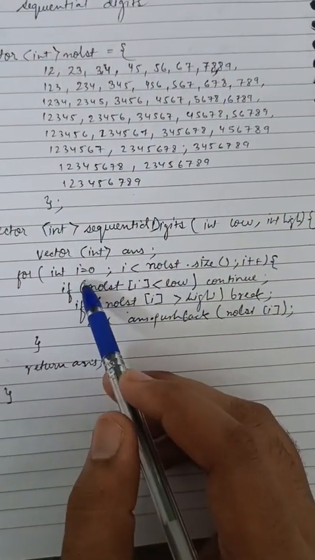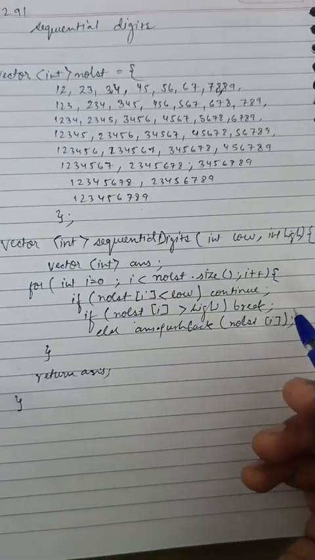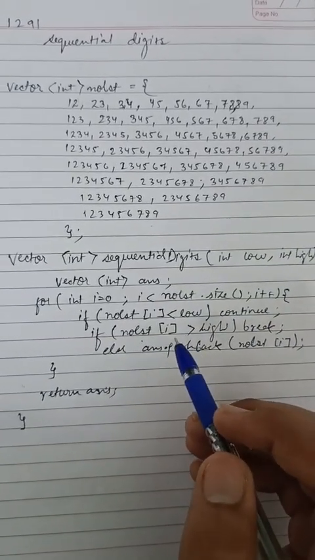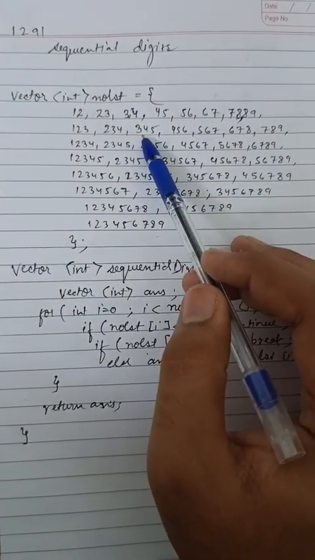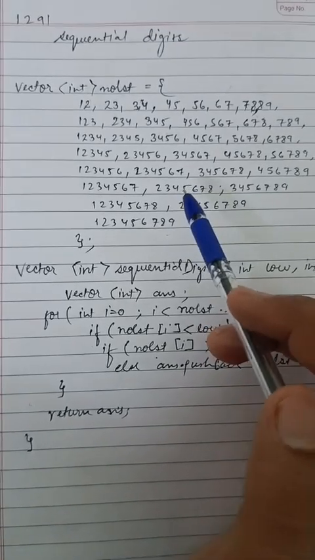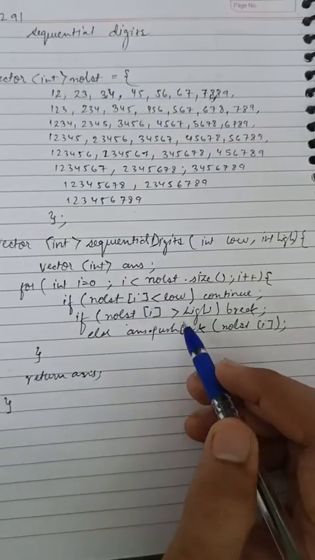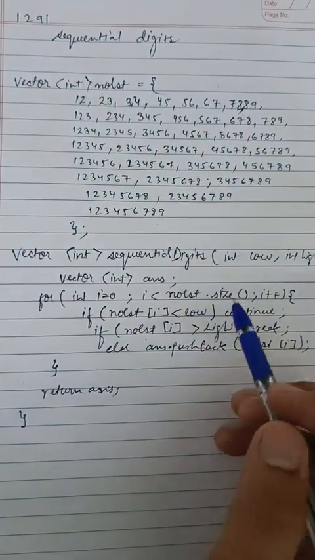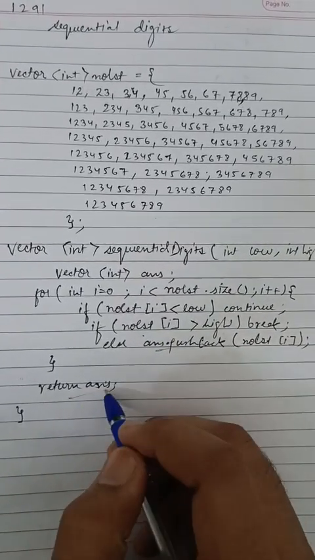If it is less than low, then I will continue. The moment the number is greater than 300, like 345, I will break, because the numbers after that will also be greater than 300. So the moment I find that it is greater than high, I will break, or else if the number is between those conditions, I will push it back into my vector answer and finally return.